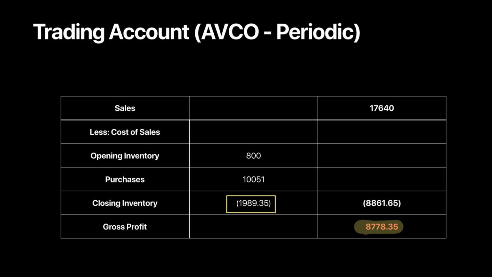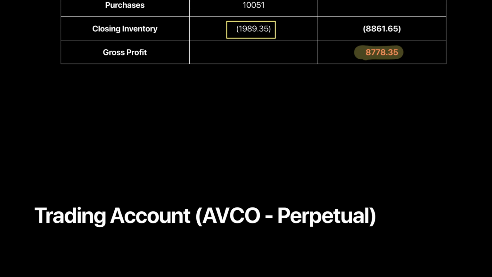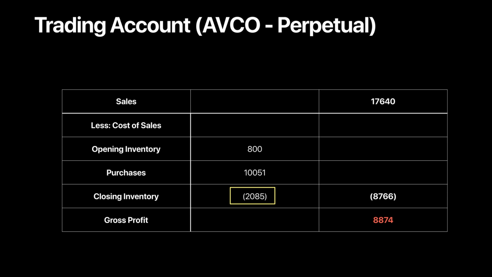All right, so it's lower than first in first out, which it should be. We can also compare it to AFCO perpetual, right? For AFCO perpetual, we're using inventory value 2085. Again, see all values are the same, just this value will change. And this should give you a gross profit of 8874.